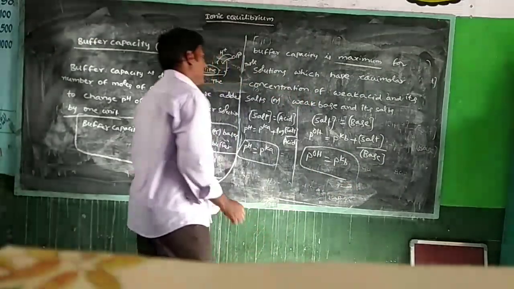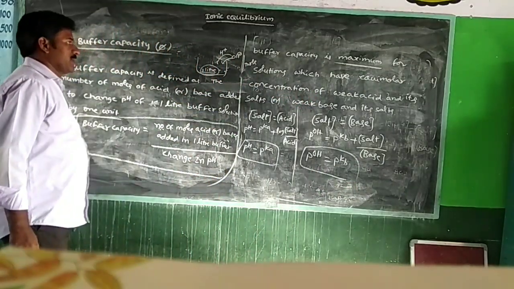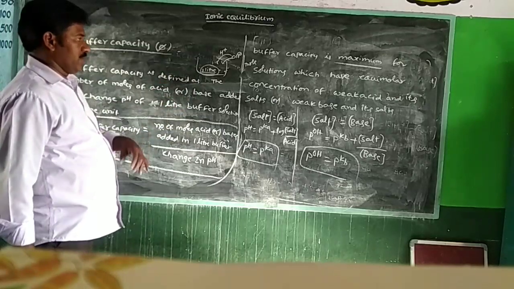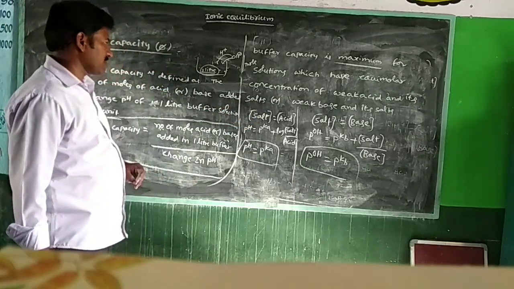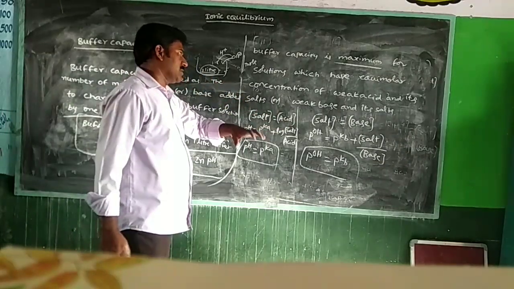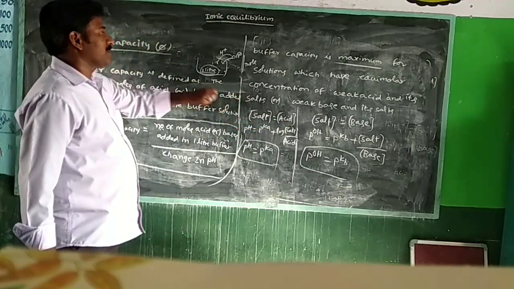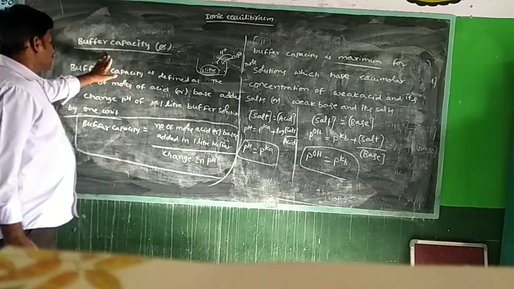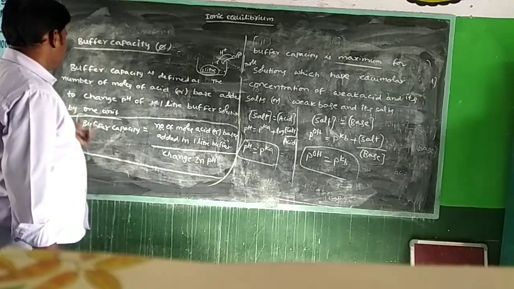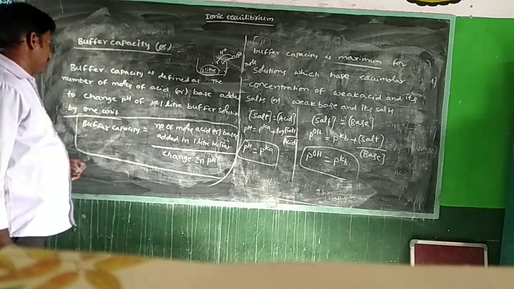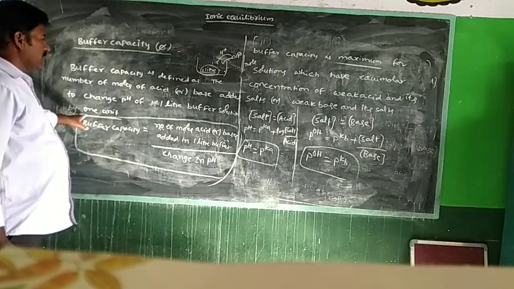Buffer capacity is maximum for those solutions which have equimolar concentration of weak acid and its salt, or weak base and its salt. Buffer capacity is defined as the number of moles of acid or base added to change the pH of 1 liter of buffer solution by 1 unit.